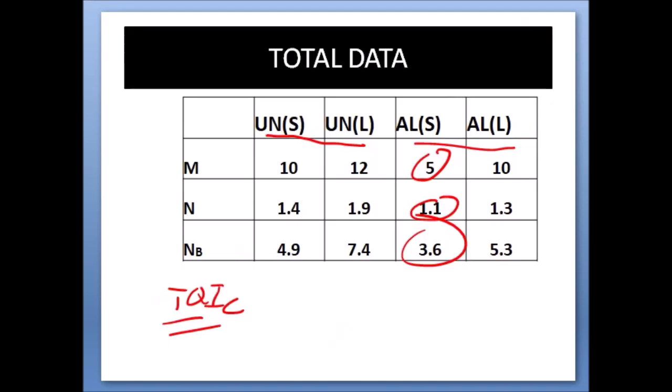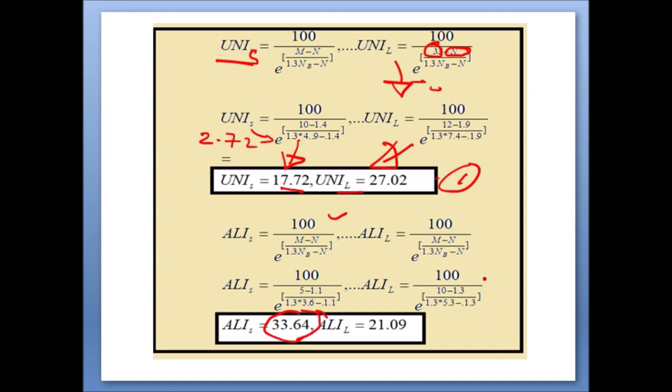Same way, from the table you have alignment long chord data 10, 1.3, 5.3. Substituting in the formula, alignment over long chord is 100 by e power (M minus N) by (1.3 NB minus N), and after substituting you get around 21.07.